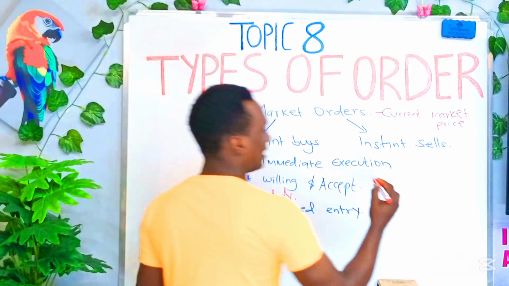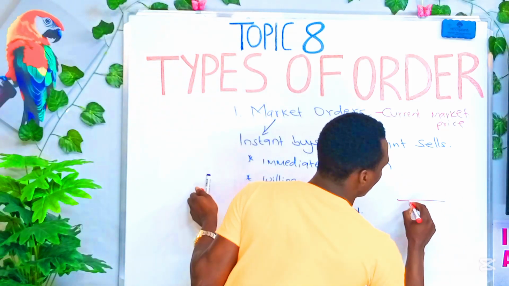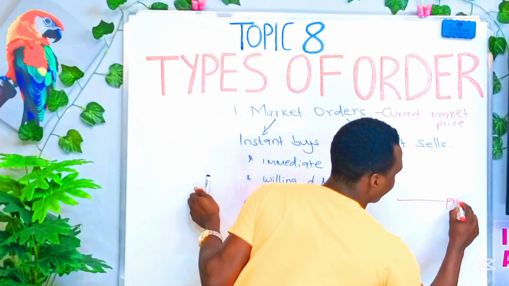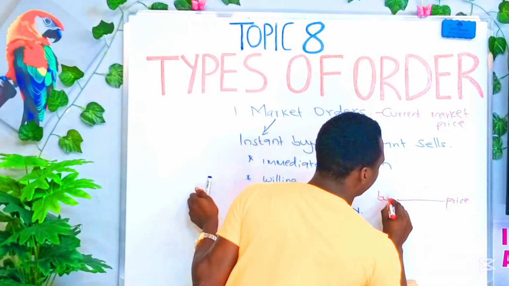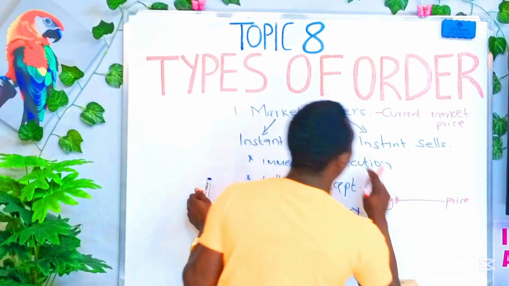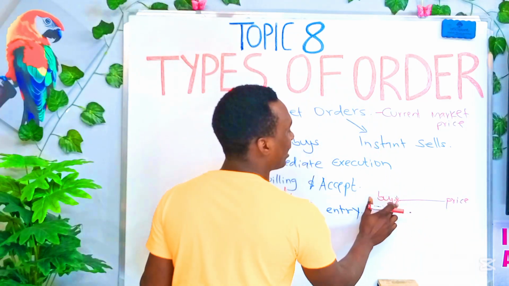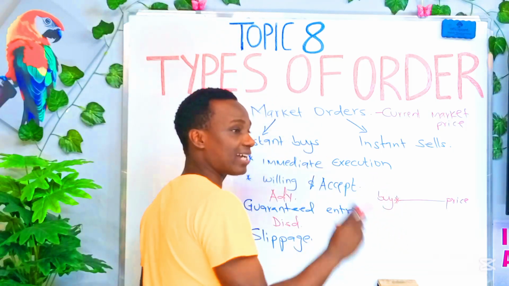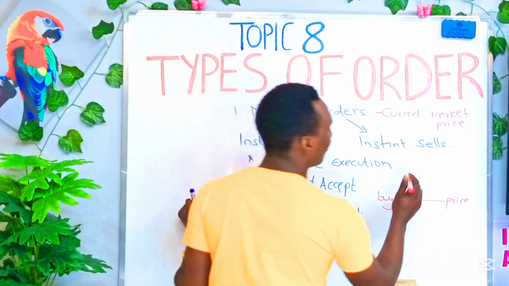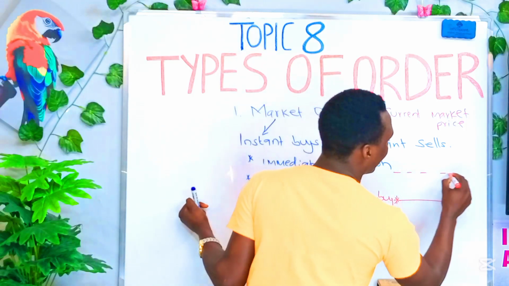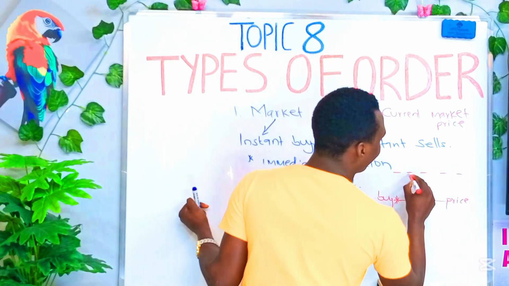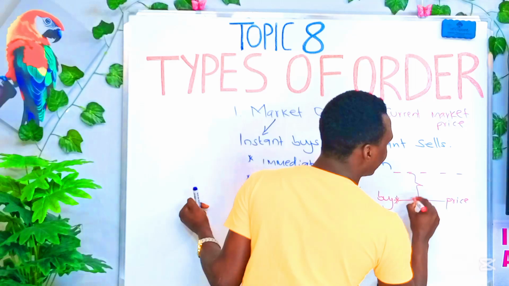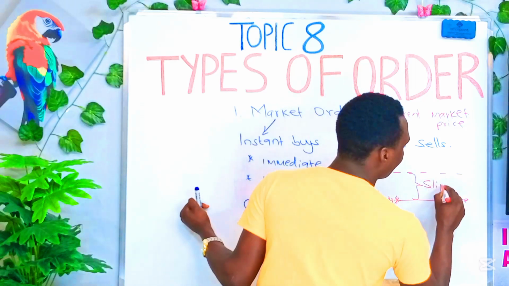Slippage is if you wanted to buy at this price, you placed an instant buy at this price, and then the best available price in the market at that time during this news event is here. The difference is what we call slippage.